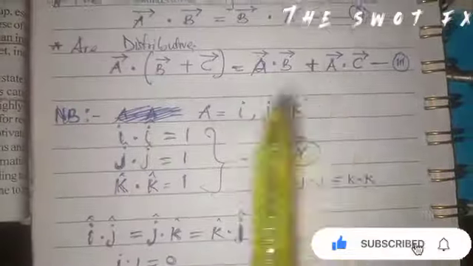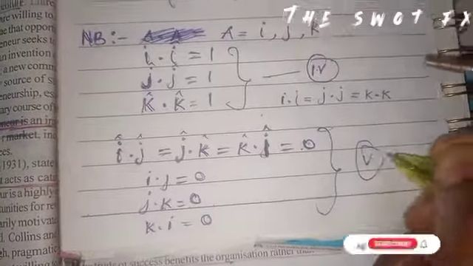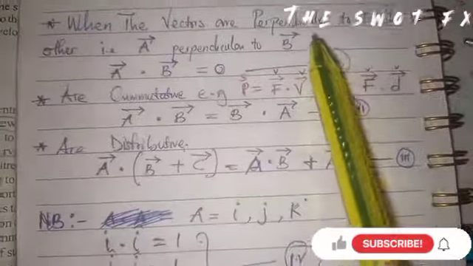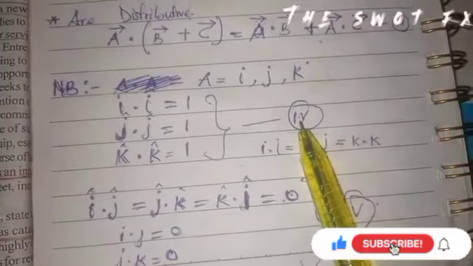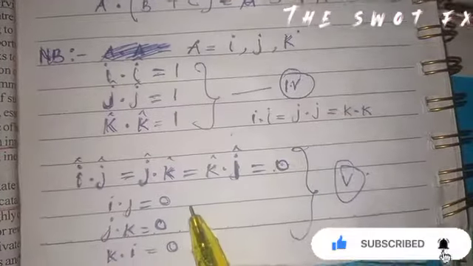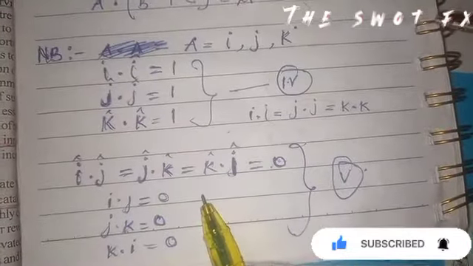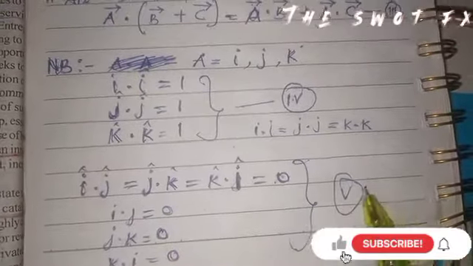So that's another point I want you to understand here. So that's point 5. So the first one is perpendicular, commutative, distributive, similar vectors and similar dimensions of different vectors, then different dimensions of different vectors will give you 0.